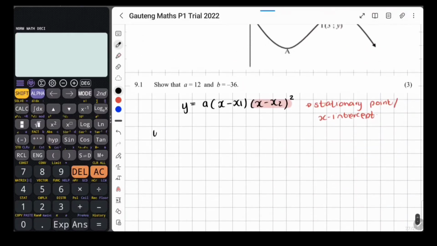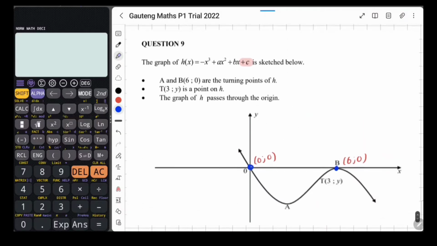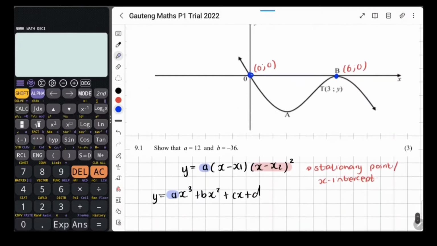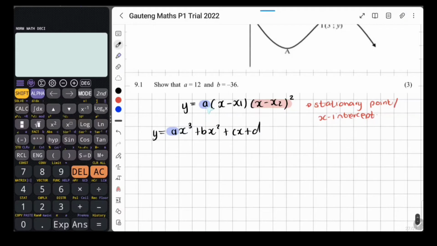So your cubic function, the general equation looks like this: y is equal to ax cubed plus bx squared plus cx plus d. This is the a I'm referring to over here. And the value of that a, as we can see over here, is -1 because we have negative x cubed. So that a is -1. So I can fill that in there.